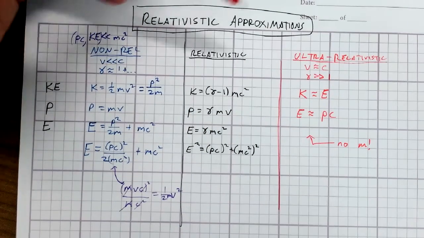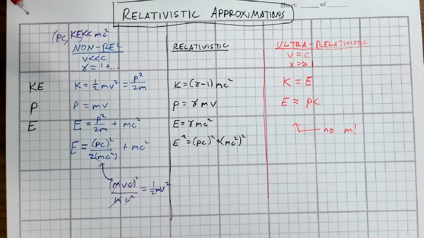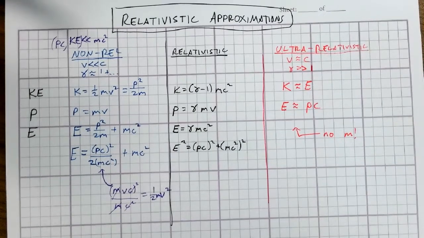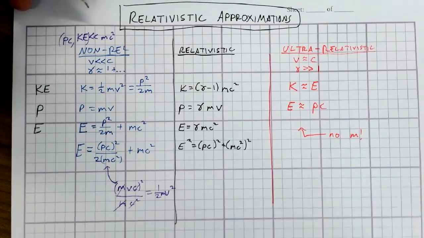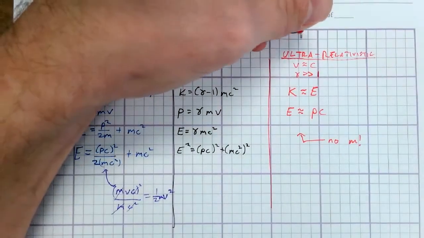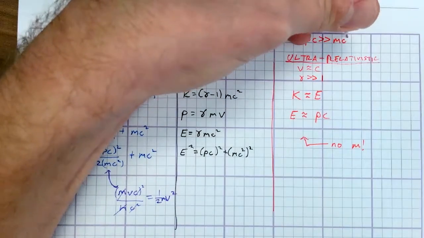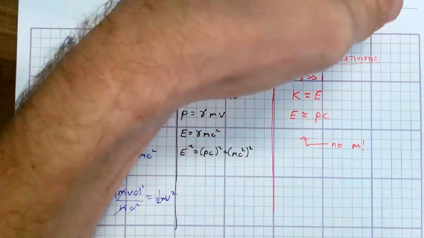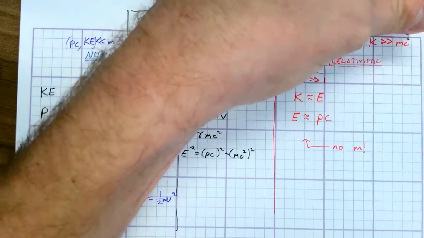Okay, keeping these facts around really helps when you're doing modern physics problems or atom smasher type problems. Notice which frame you're going to be in. So to write down our final fact here, in this case I've got pc much, much greater than mc squared, or my kinetic energy much, much greater than my mass energy.